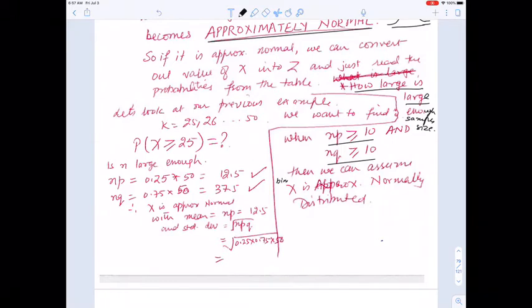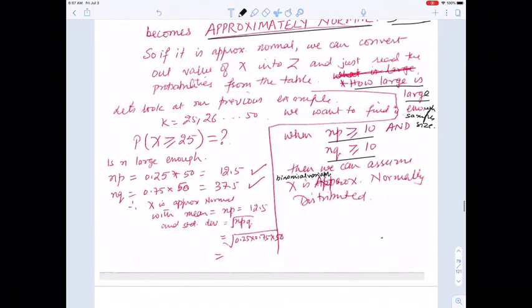Binomial variable X is approximately normal. It is not normal, it is still a binomial distribution, but it looks like a normal distribution. A third condition is when N is very, very large.